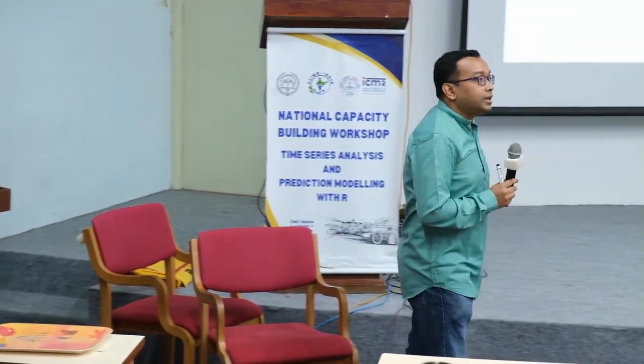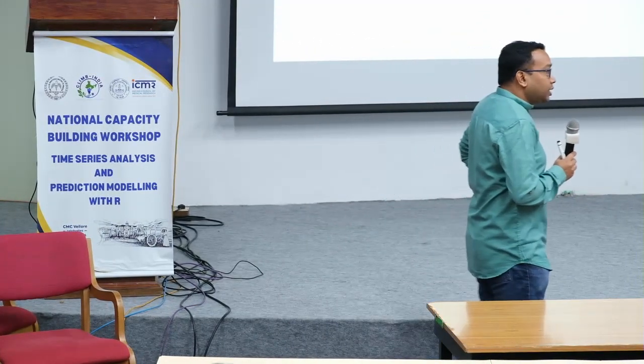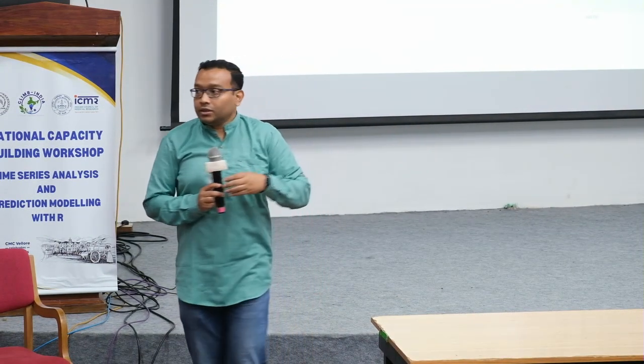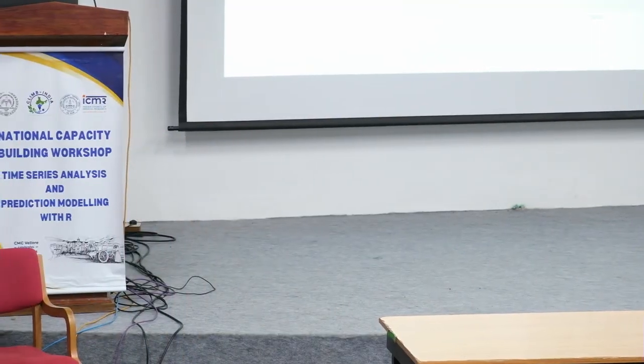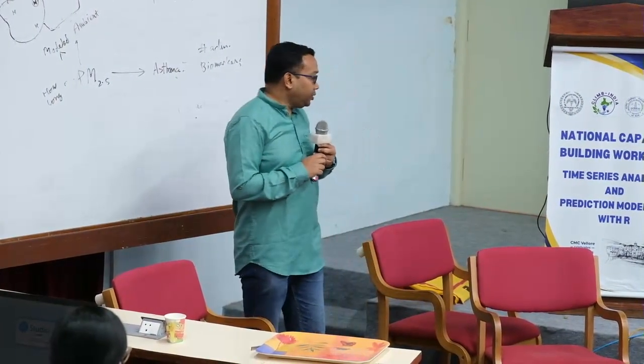Remember your outcome was hospital admissions due to asthma. When would you go to the hospital? When things are getting worse. When do things get worse in terms of PM 2.5? When there are sharp rises or sudden changes. So what is sudden change in PM 2.5? How long does it take for PM 2.5 to change?